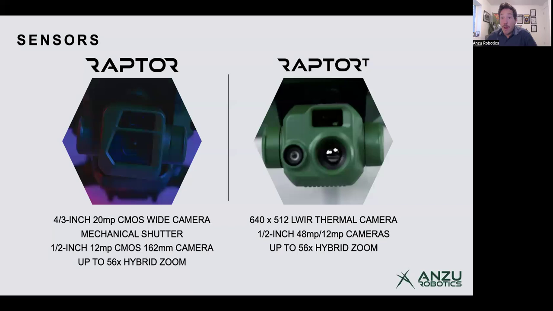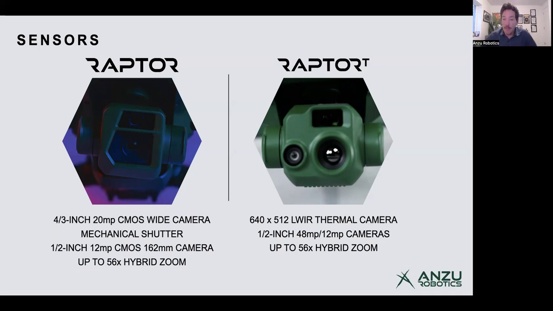On the other side, you have the Raptor T, which is primarily a thermal sensor payload. So you have a 640 by 512 high resolution thermal camera. It is radiometric. It does not capture in radiometric JPEG, but it does have radiometry within the file type. So you can process it through thermal analysis tools and be able to tune the data as well as see the temperature of every pixel within the image.